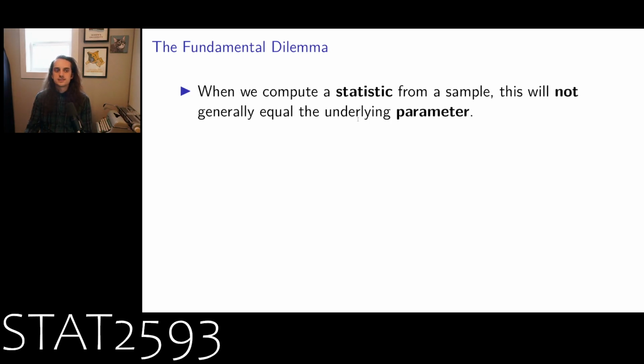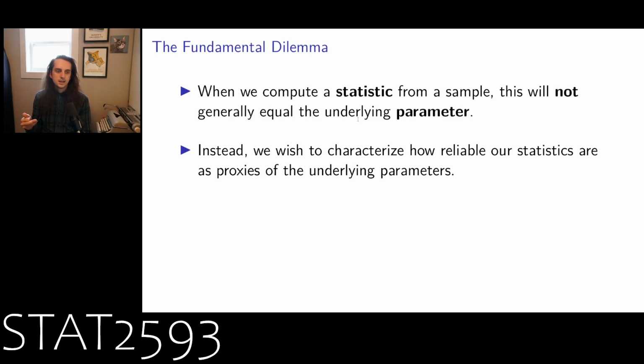Whenever we compute a statistic from a sample, it's not generally going to equal the underlying parameter. If I compute the sample mean height from a group of people, that's not going to be exactly the same as the mean height of that same population, right? And that's because our sample is going to have sample variability in it. Because of this, we know that just reporting that sample mean is not going to be enough.